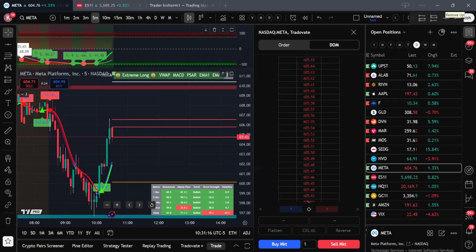And take some profits on VIX also. You can keep 20% and take profits on 80%.